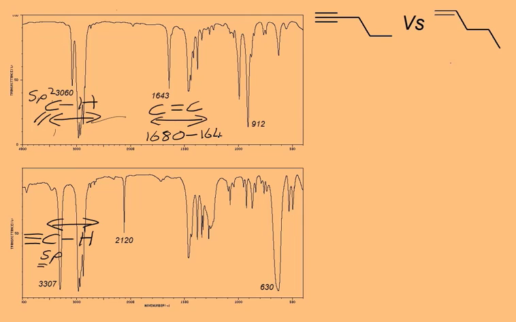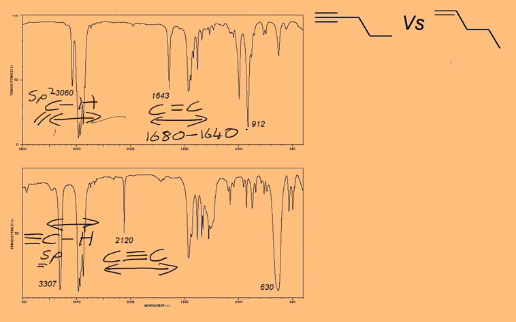It can vary slightly if the bond becomes looser because of conjugation with other pi bonds nearby. So the carbon to carbon triple bond is much stiffer. It's the stretching vibration again, and it's usually around about 2100 for the carbon to carbon triple bond.